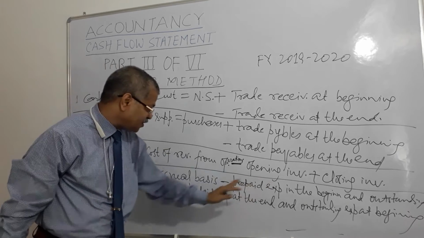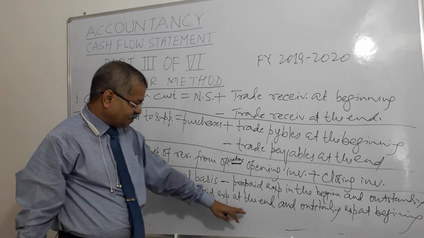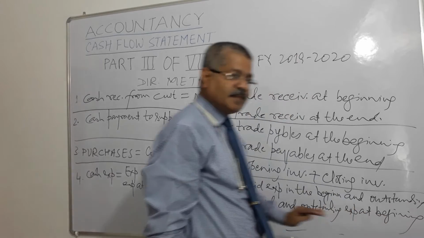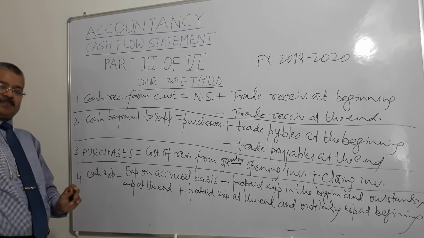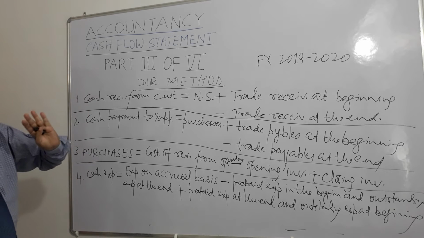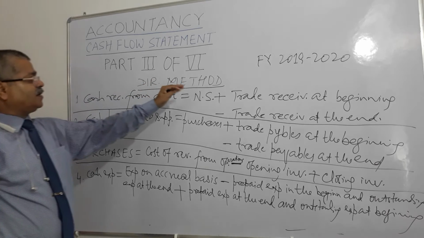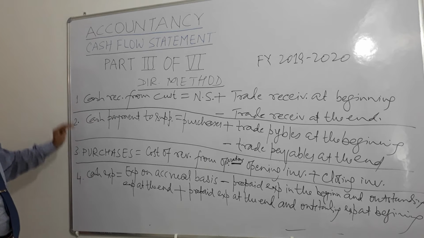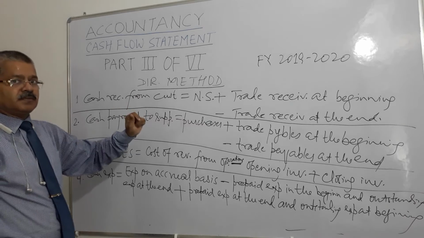These two items need to be deducted, plus prepaid expenses at the end and outstanding expenses at the beginning need to be added for arriving at cash expenses, right? So we'll discuss again. Under the direct method, we need to understand four things primarily. How do we arrive at cash received from customers?